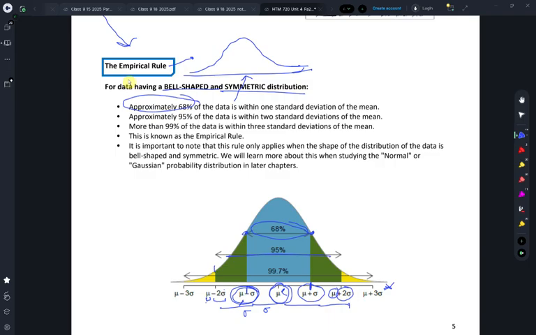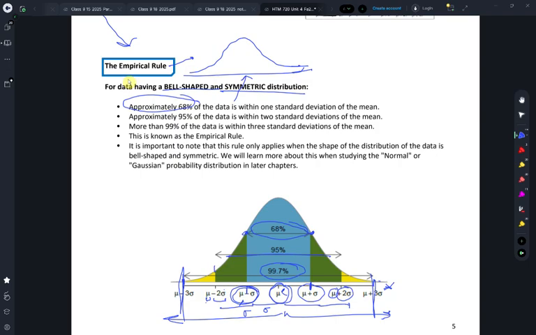Similarly, for three standard deviations from the mean, above and below, for that stretch, you'll be capturing approximately all data points, but not all. So you are capturing approximately 99.7% of all data values.